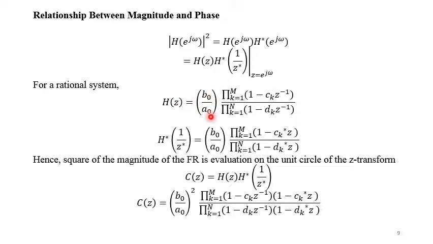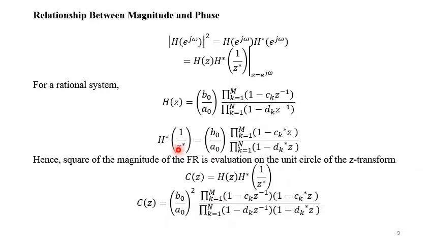For a rational system function, H of z equals b naught over a naught, times the product for k running from 1, of the zero factors over the pole factors. This is the factored form of our system function H of z. So H star of 1 over z star will be equal to b naught over a naught, with k running from 1 up to M, the product, and then again we have c_k, replacing z with 1 over z star, because this is H of z.